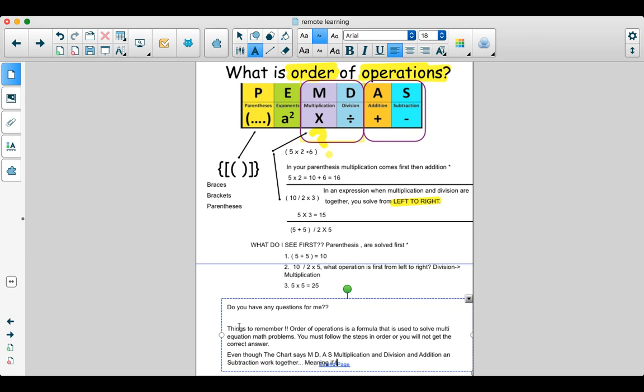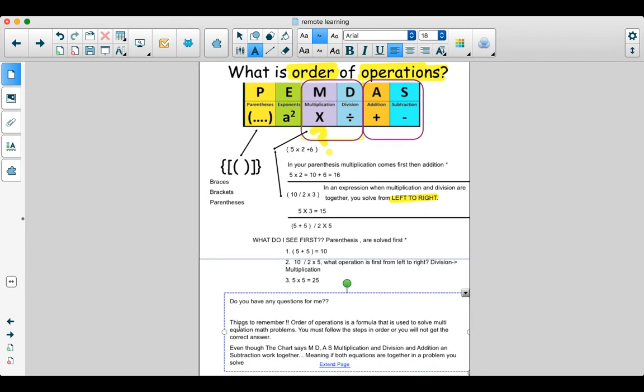Meaning, if both operations are together in a problem, you solve from left to right.